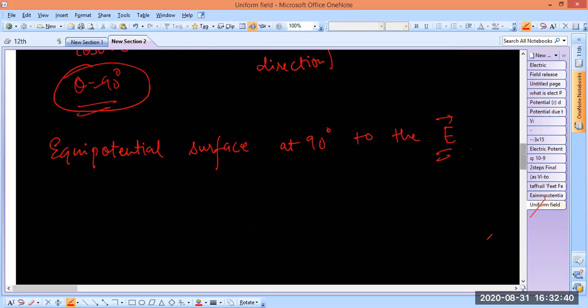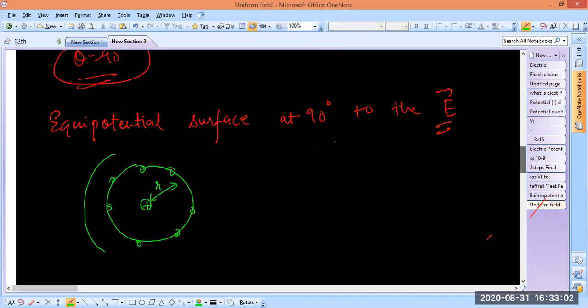Okay, so let's see what happens in this example of a point charge. These are the spheres which are equipotential surfaces, because at every point on this surface, A, B, C, D, everywhere, the distance is r, so the potential is the same.